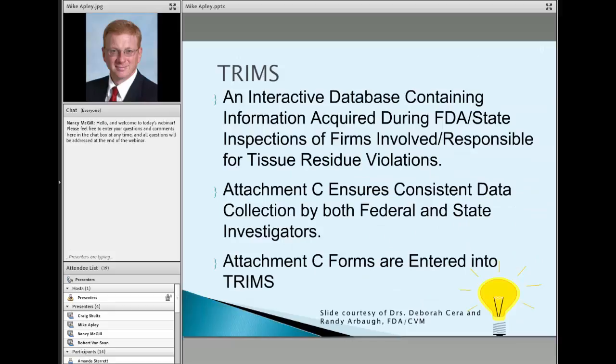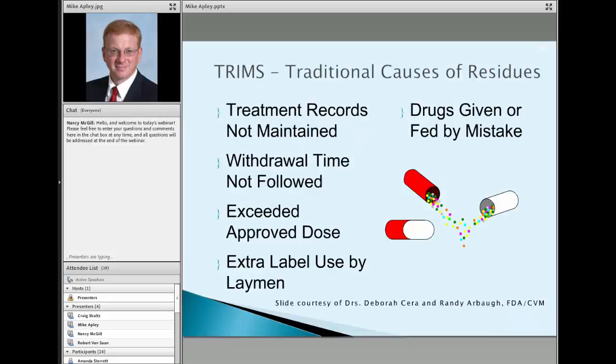So what happened to cause these? The TRIMS database is a database maintained by the FDA that accumulates the results of FDA and state inspections of those that are involved or responsible for tissue residue violations. It's some really telling data that helps us understand what's going on.